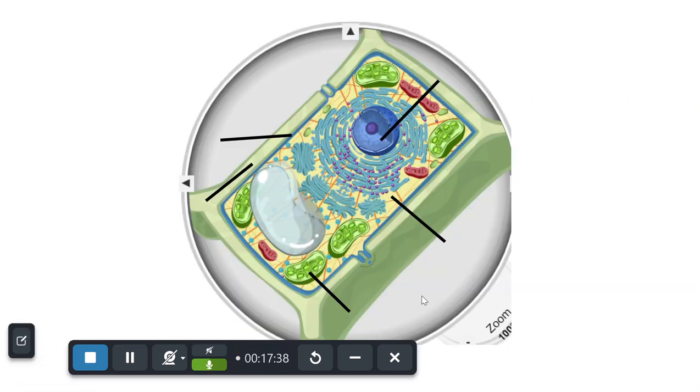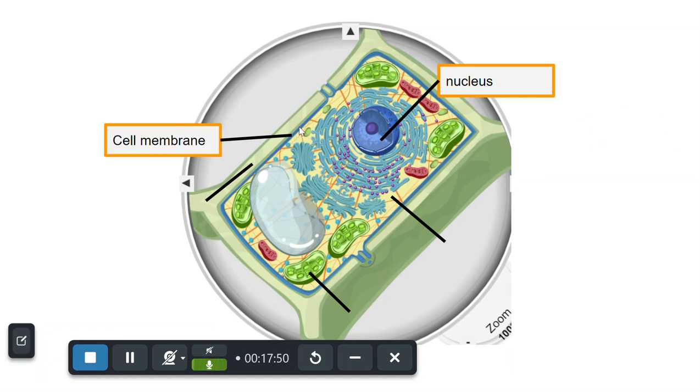All right, so here's just a drawn image of a cell. We have the nucleus, which is usually a darker, more obvious structure that's inside the cell. We have a cell membrane. That's going to be this light blue right here. If it's in a plant cell, it is just inside the cell wall. If it's an animal cell, there's no cell wall at all. It's just going to be the outer part of your cell.